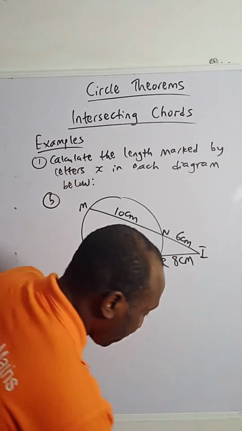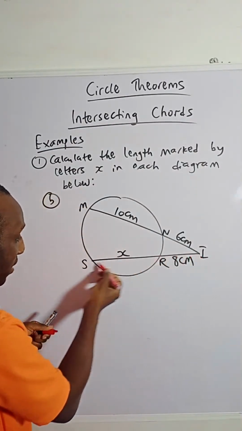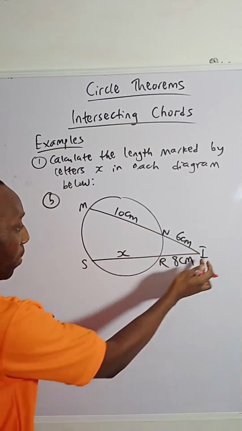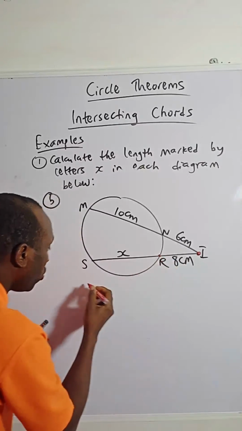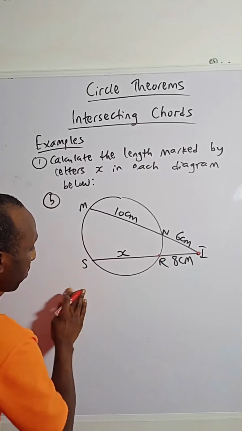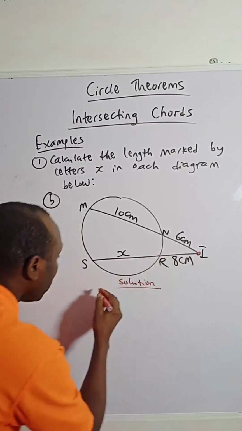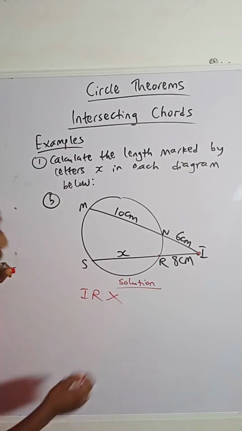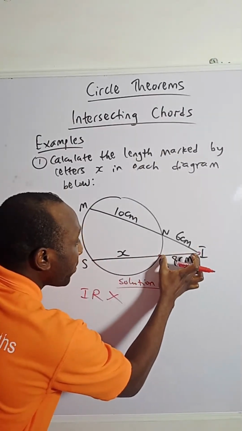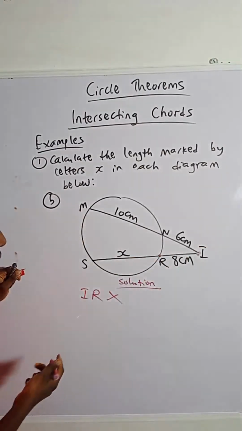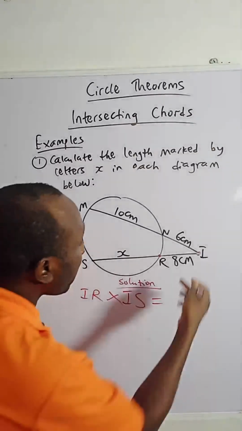So now it's easy. Let me show you again. If you are picking this first line from I to S, you simply do IR, from I to R. You simply do what? IR times IS. You do IR first of all, then times the whole of the line, IS, is equal to, now you do the same thing for the other secant.